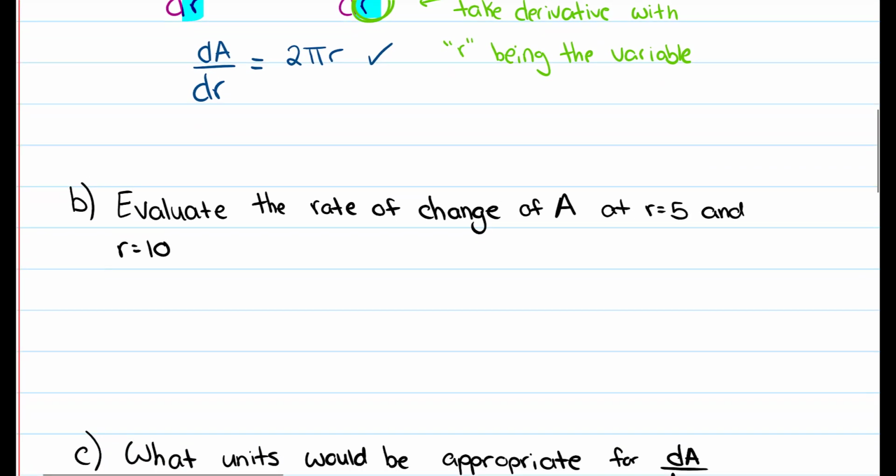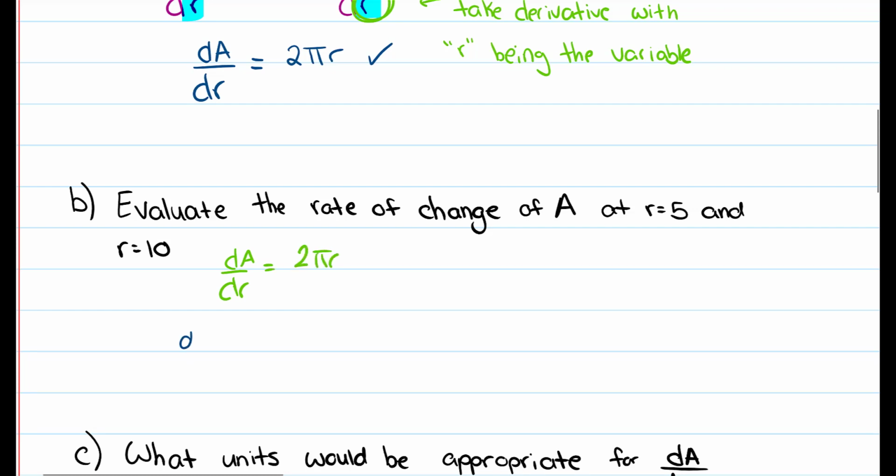In part B, we're going to evaluate the rate of change of A at r equals 5 and r equals 10. So I want to know how fast the area is growing or decreasing when r is equal to 5 and when r is equal to 10. Recall from part A that dA dr is equal to 2 pi r.